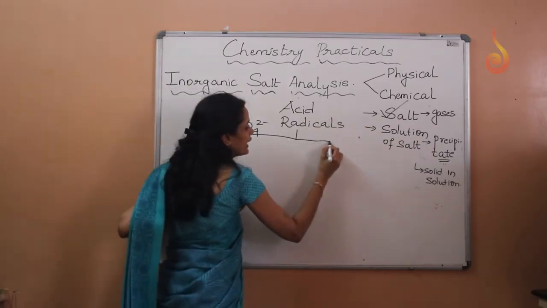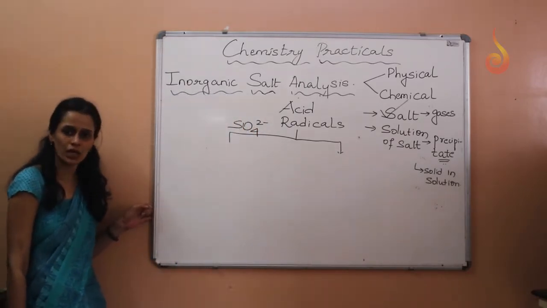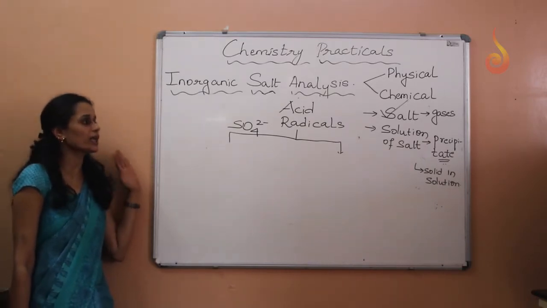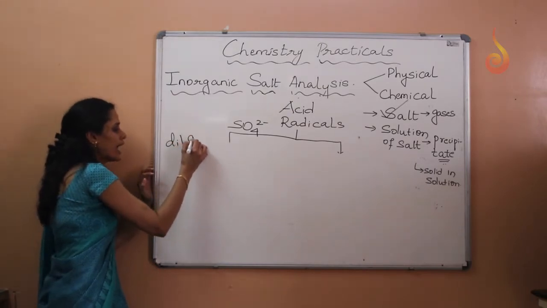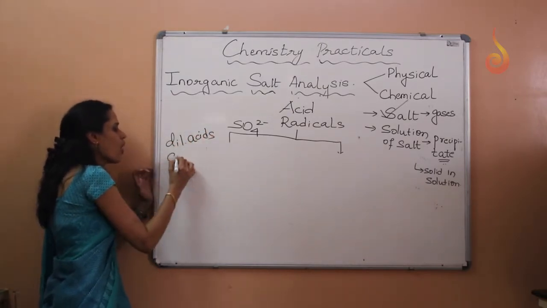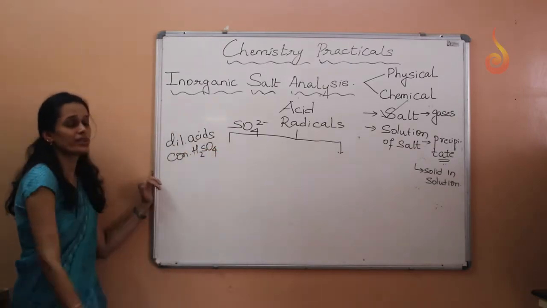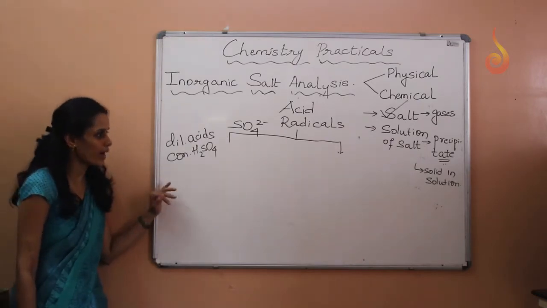Why do we call it an independent group? Because the radicals of third group don't give similar observations with reagents like dilute acids, mineral acids or concentrated sulfuric acid. So that's the reason third group is considered an independent group.